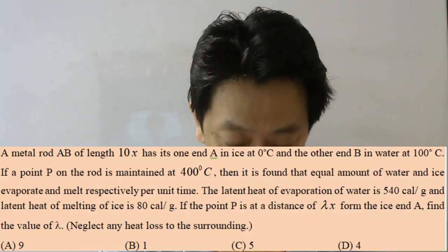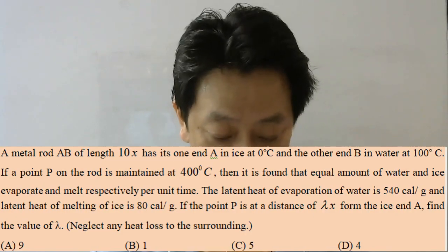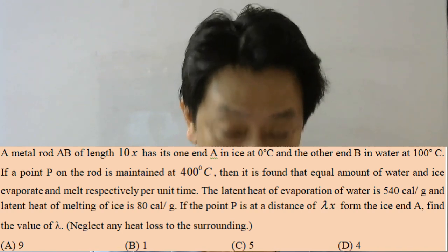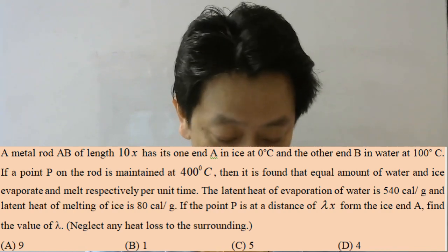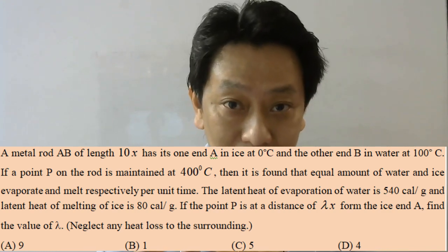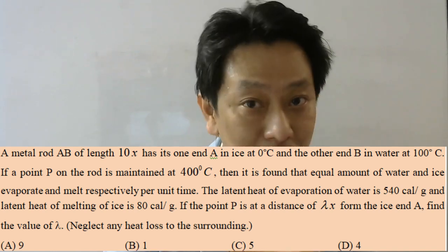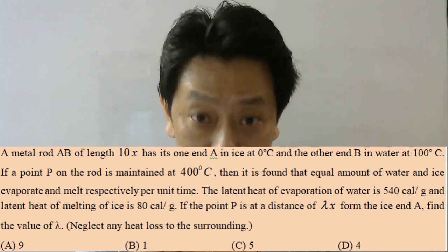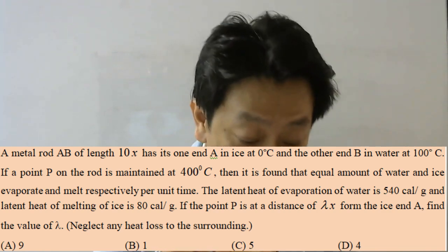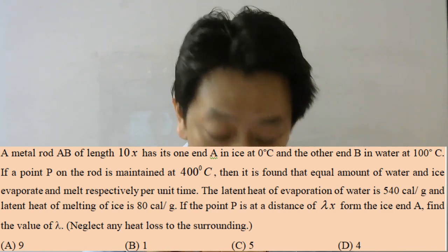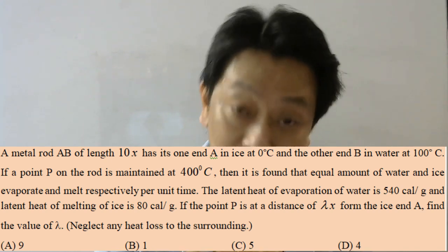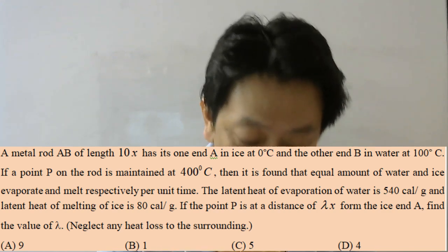Let's see the next question. It says a metal rod AB of length 10x has its one end A in ice at 0 degrees Celsius and the other end B in water at 100 degrees Celsius. So the two ends are at 0 degrees Celsius and 100 degrees Celsius. If a point P on the rod is maintained at 400 degrees Celsius, then it is found that equal amounts of water and ice evaporates and melts per unit time.